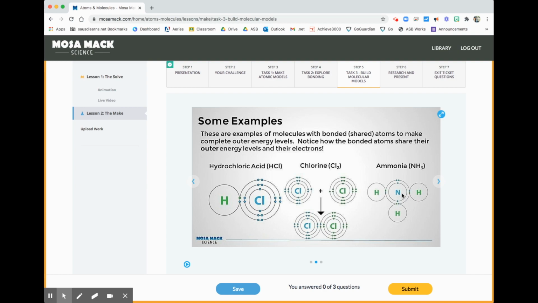So the nitrogen atom needs 3 electrons. And so those hydrogen atoms fit perfectly right there to form NH3, which is ammonia, the same ammonia that is in all of those cleaners that cleans floors and disinfects.